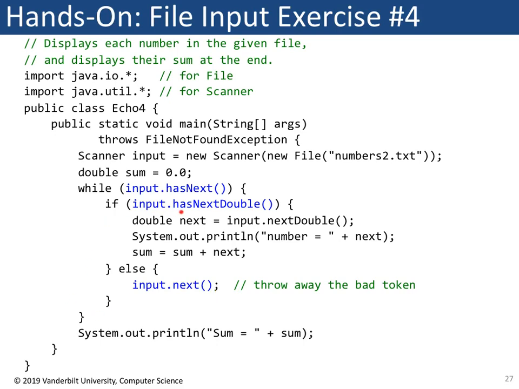Then return again to check to see if that token is a double. We are going to do this until the while loop test says there are no more tokens in the file. So when input.hasNext returns false, that means there are no more tokens in the file, and our program pointer will jump to the statement following the while loop, and we'll print out the sum.